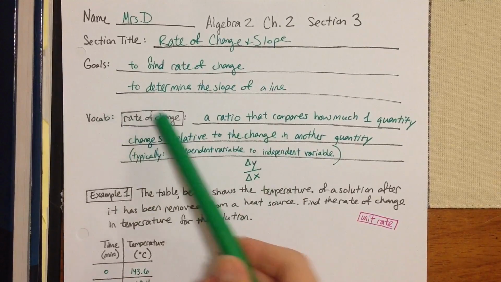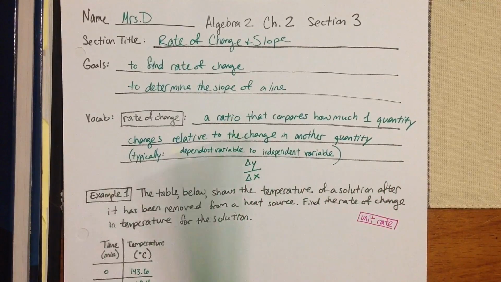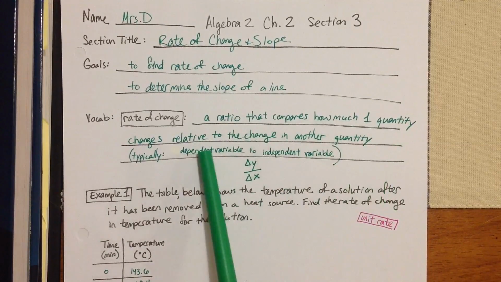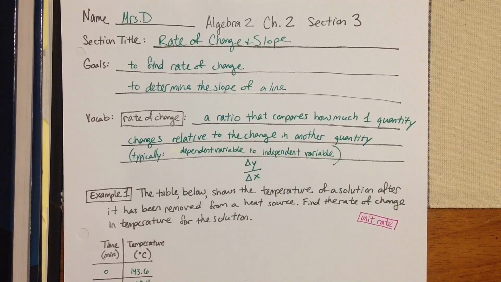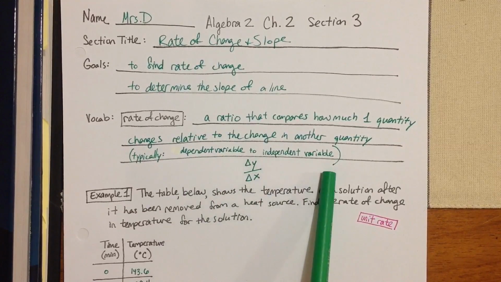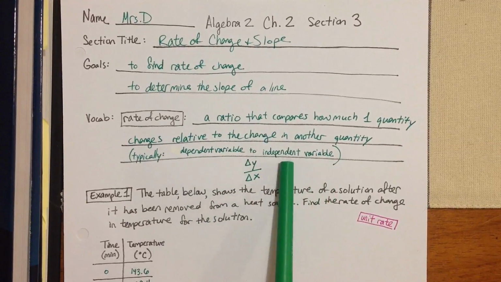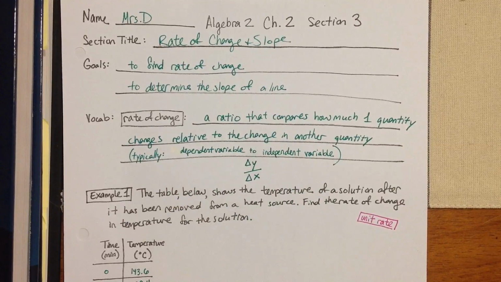So, a quick definition officially of what rate of change is. This is the ratio that compares how much one quantity changes relative to the change in another quantity. Any quantities, and typically we put the dependent variable compared to the independent variable. Typically our independent variable is independent because we aren't so much dictating how it changes.